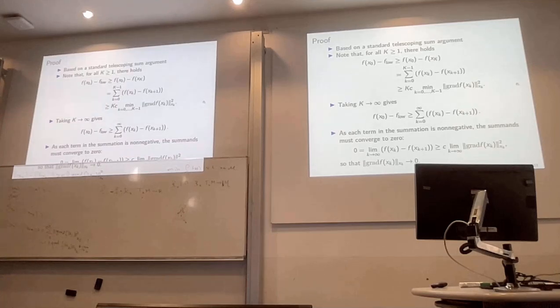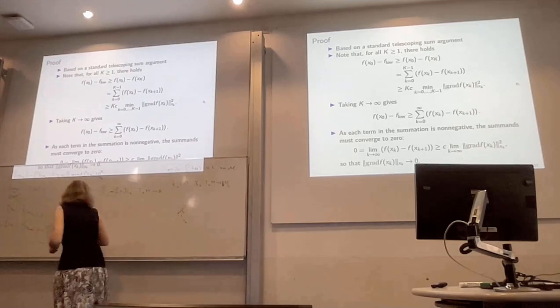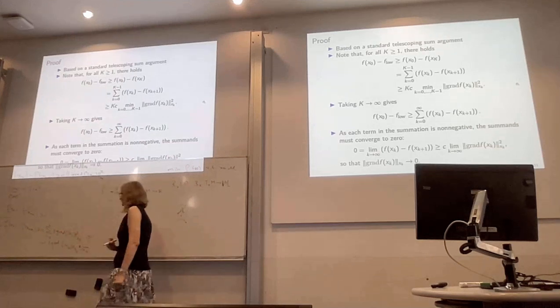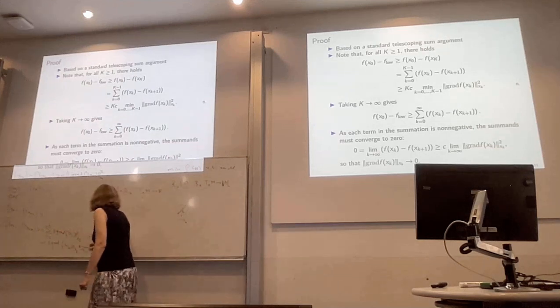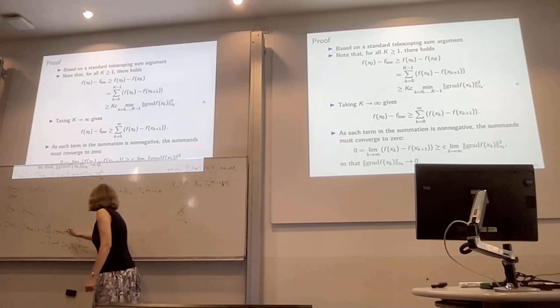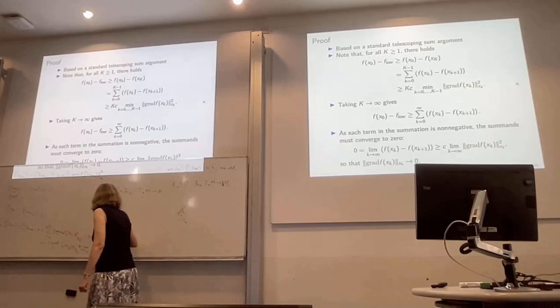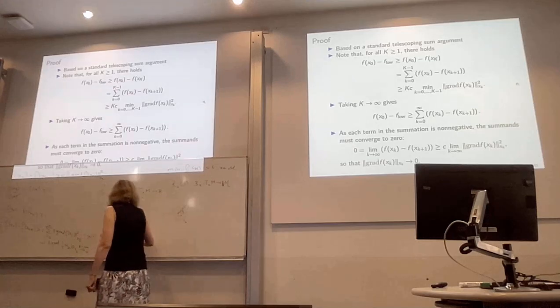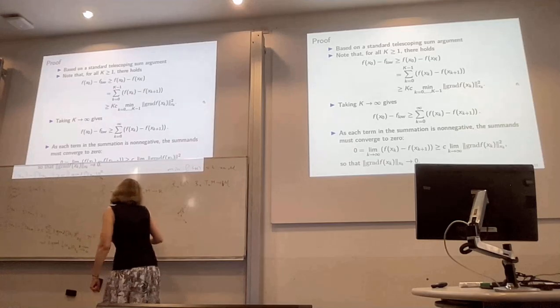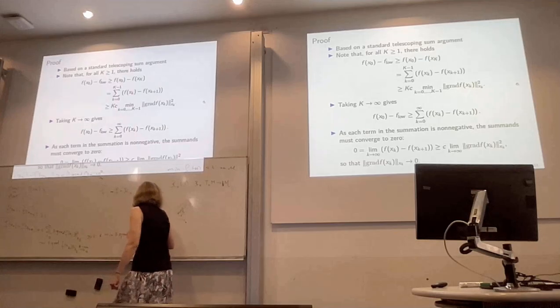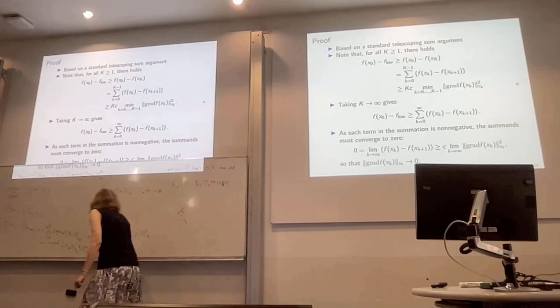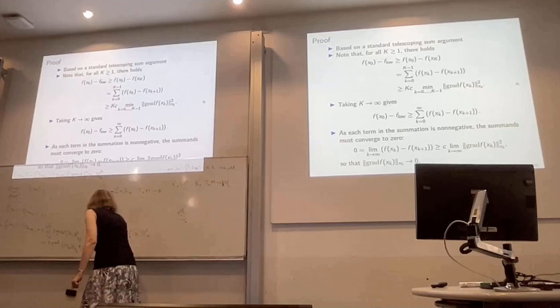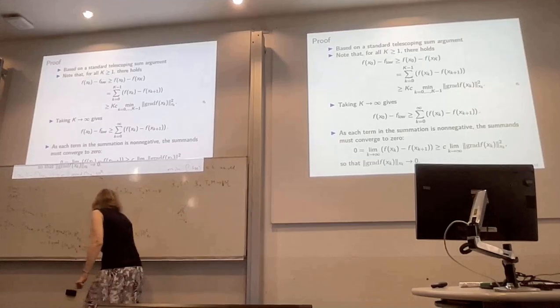What I know is that this here is greater or equal than C times k times the minimum value of this gradient at xi, for i from 0 to k.